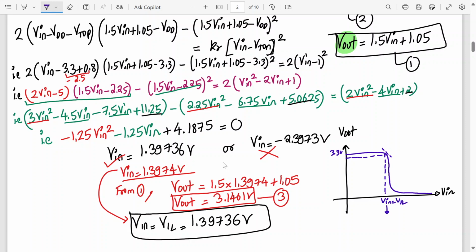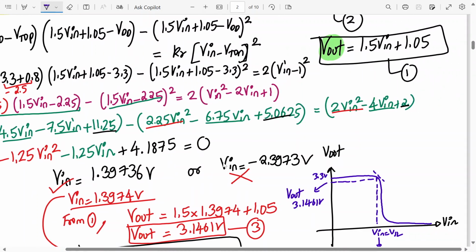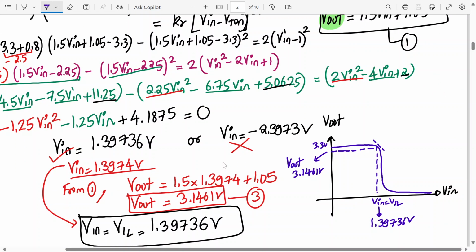So how much is this point given by? 1.39736 for V in, and this is V out. How much did we get? 3.1461. So as I've told you, for V in equal to VIL, output is just below VDD. So here is the proof of it. See, 3.3 it should be, it is just below that, 3.14. So this is the meaning of these answers which we are getting. For V in equal to VIL, how much is V out? 3.1461.